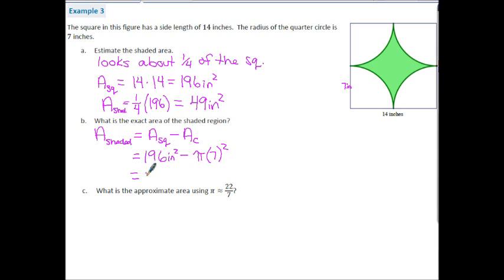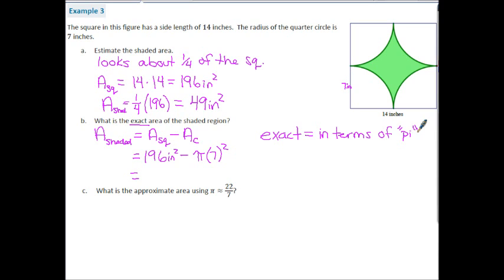Now here's the only problem: this says, what is the exact area? What that means is that when they say exact, it means in terms of pi. Because pi is an exact number, but if you were to put it in the calculator, it has to round at some point.